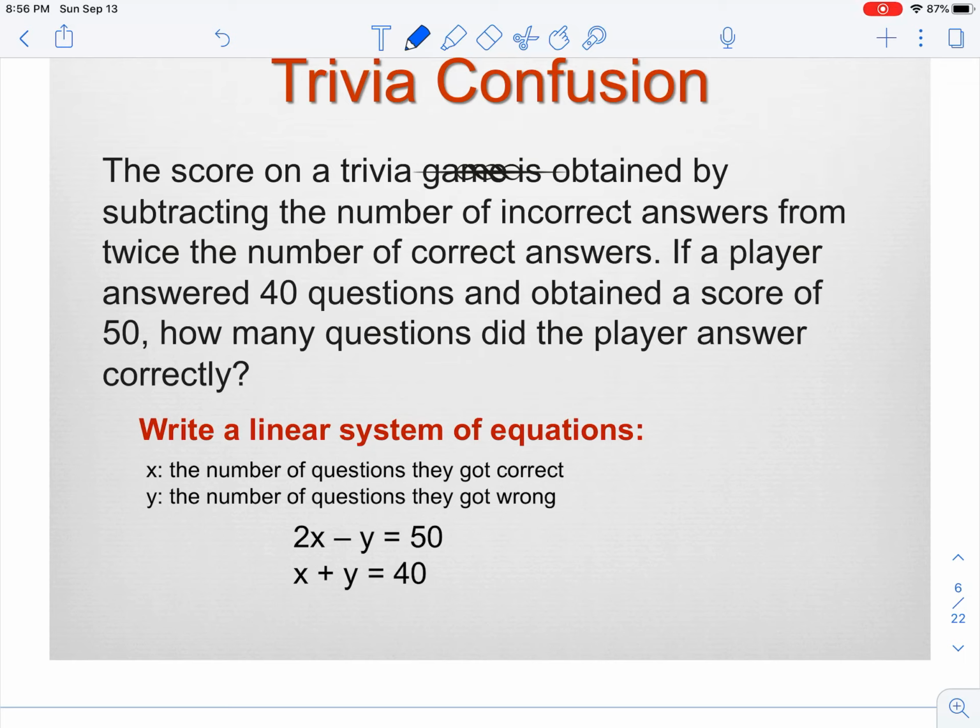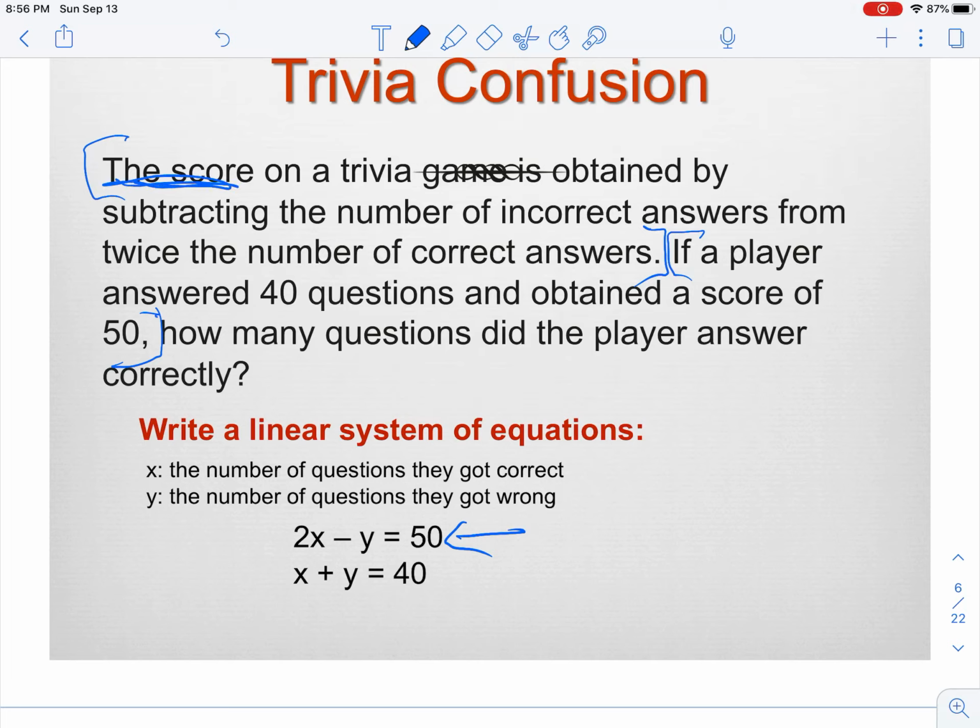If a player answered 40 questions and obtained a score of 50, how many questions did the player answer correctly? In this first sentence, there's one equation, and in the second sentence, there is kind of a second equation.